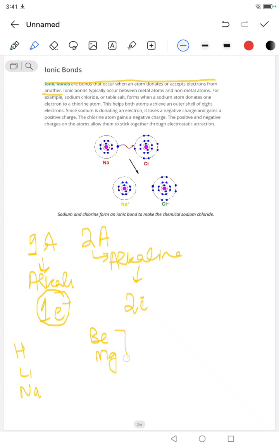So they have the ability that they can donate 2 electrons to form Mg2+ cation, and these, they have the ability that they can donate 1 electron and they will form Li+ or Na+. Okay, so the group 1 and 2 elements, they will form the cations by losing 1 electron and 2 electrons.